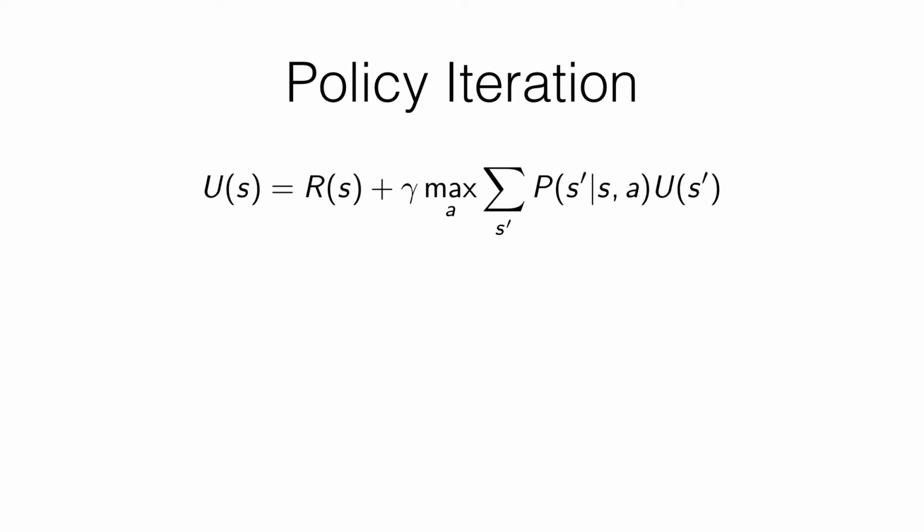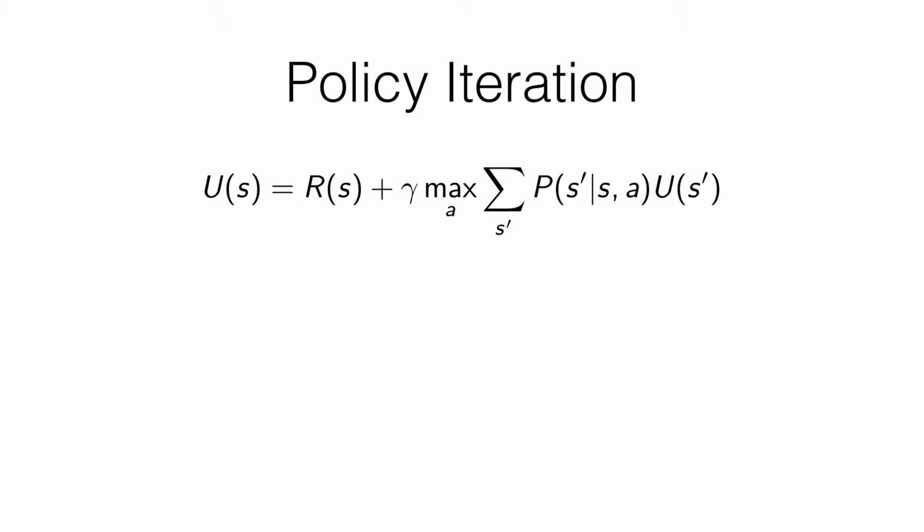The alternate algorithm we're going to talk about to compute the best policy given an MDP is called policy iteration. It basically takes the idea of value iteration and wraps it up in a different view. Remember that in both these algorithms, the main goal is to compute the solution to the Bellman equation, which is on the screen right now.